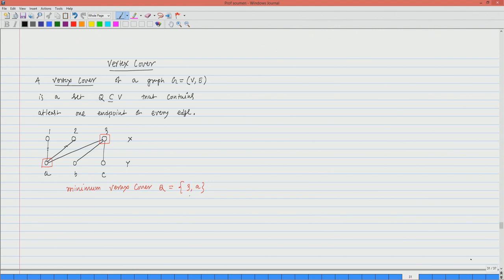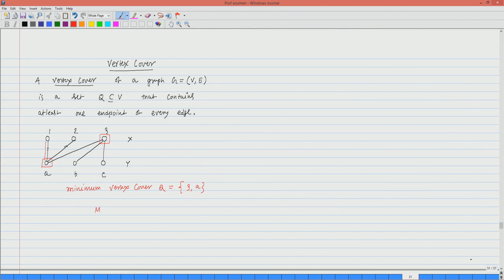Now, as I said, there will be a theorem which finds the relationship between the size of the minimum vertex cover and the maximum matching. So, what is the size of the maximum matching in this bipartite graph? Can you get a matching of size 3 here? You apply, for example, the augmenting path algorithm in this graph. So, you will see that you can find a matching of size at most 2.